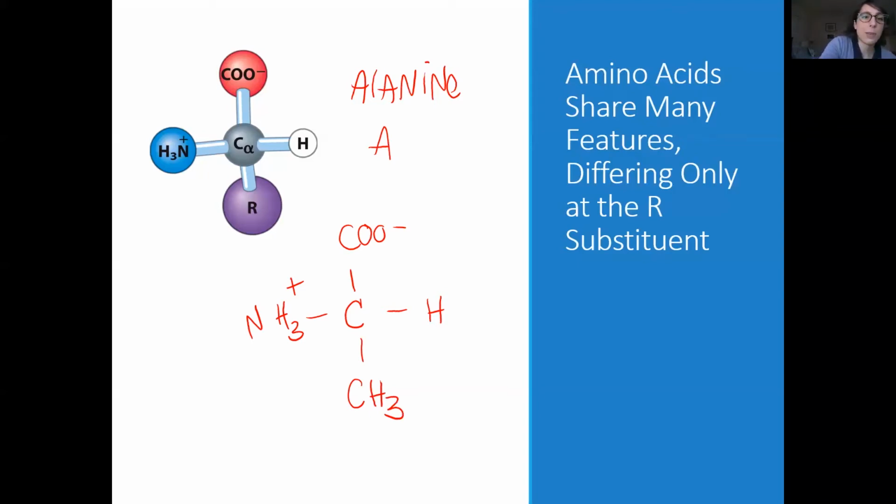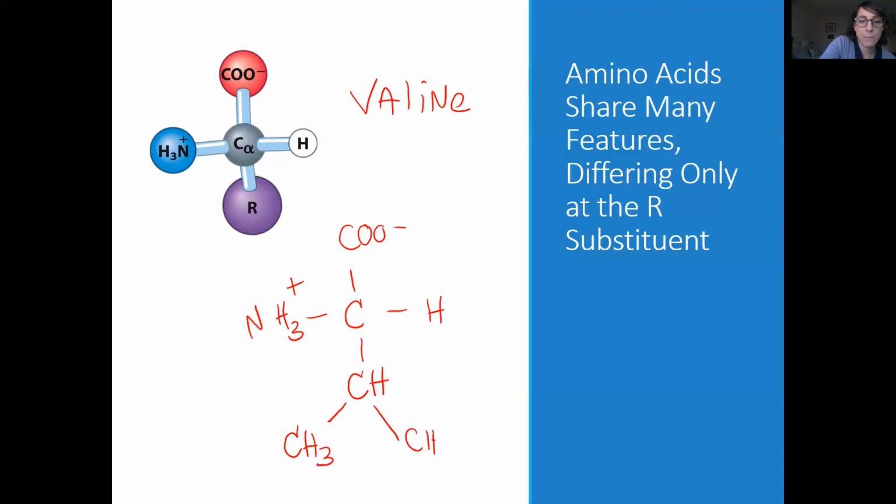The next one will kind of add on to the chain of our alanine, and that is valine. This is a CH with a CH3 and a CH3.